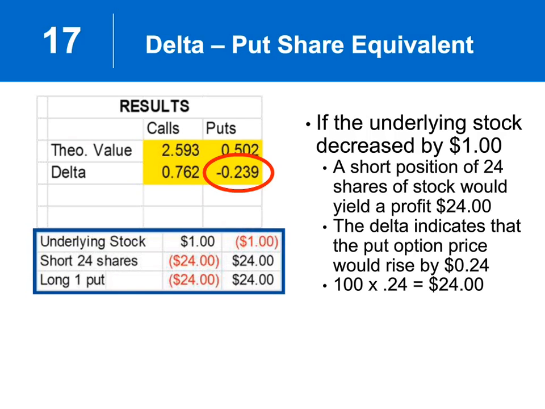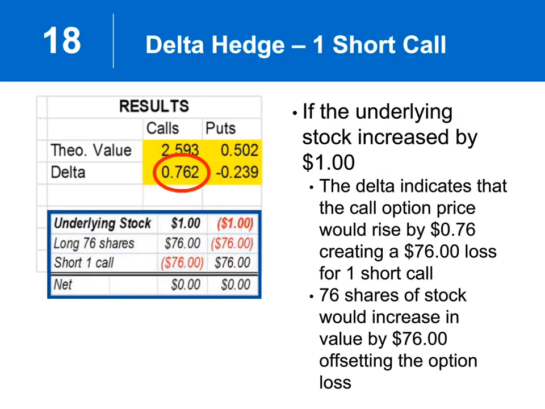On the flip side, on the call side, that share equivalent depends on whether we're long or short the call. If we're short the call, in order to be theoretically hedged, we would be long 76 shares of the underlying and short the call. And so as the stock goes up in value, the call will lose money, but that loss should be offset by the 76 shares of stock.